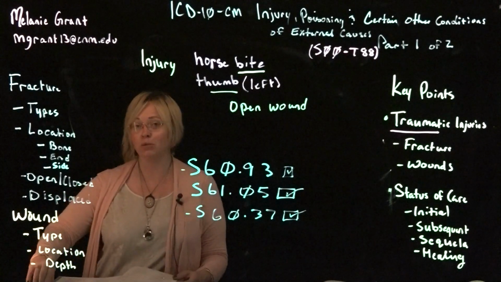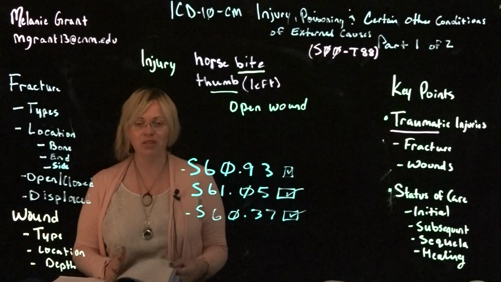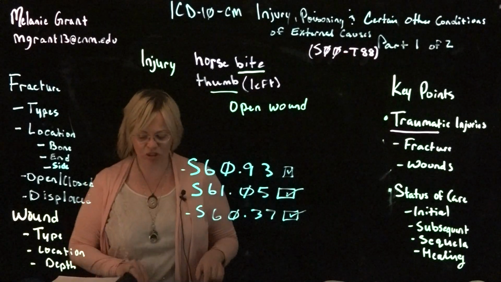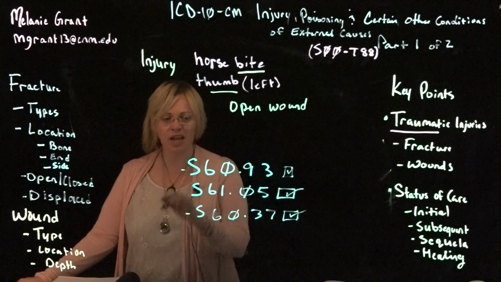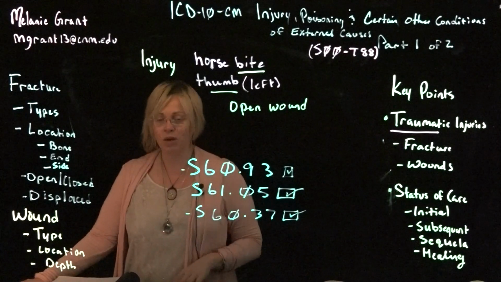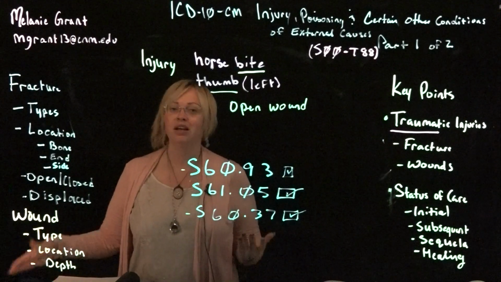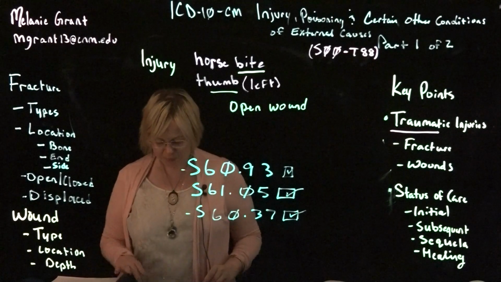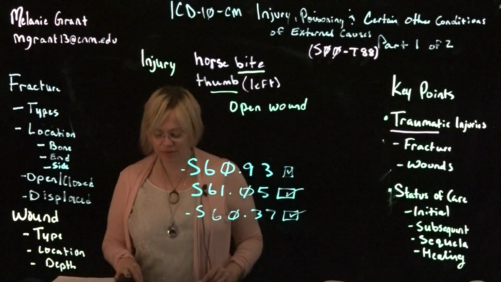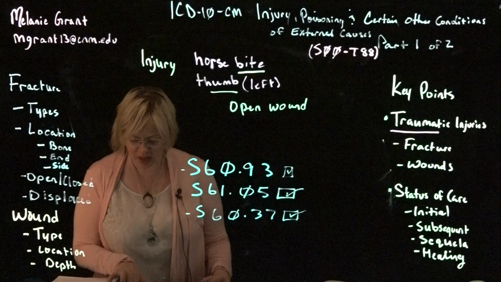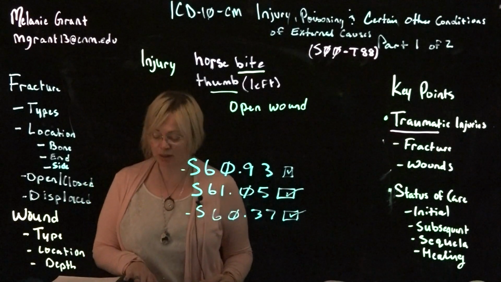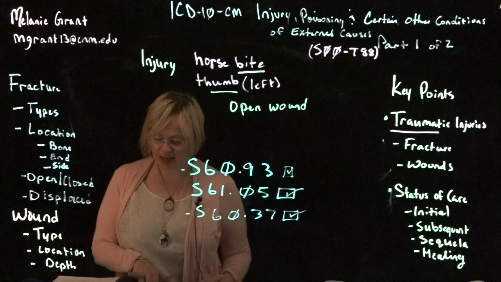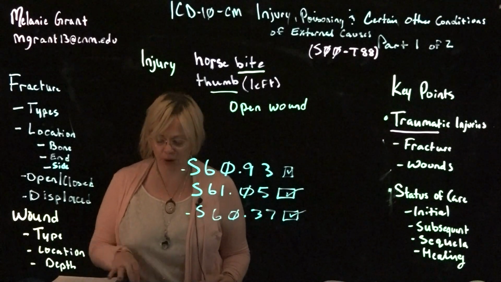I already did this when we looked at zygomatics, but if this was the first time I'm coding for this condition, I would come here, check out my notes, check out my exclusions, and look at S60 and S61 to see what block they fall under, because that might give me information. So I'm on page 975 of my coding book, and the block for S60 and S61 both fall to the same area. Injuries to the wrist, hand, and fingers, which the thumb is part of.